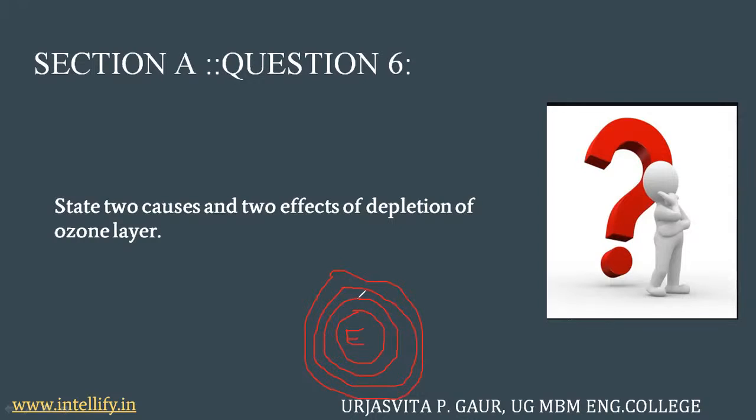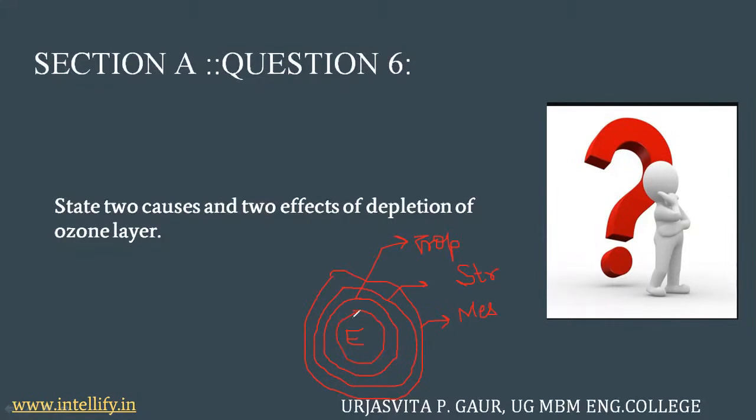So when this is your Earth, the nearest to the Earth is your troposphere, and then after troposphere you have a stratosphere, right? Stratosphere, and then you have a mesosphere, and after that you have two more layers.